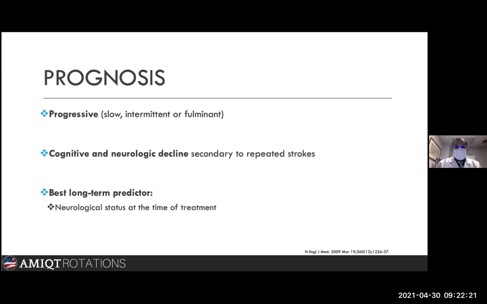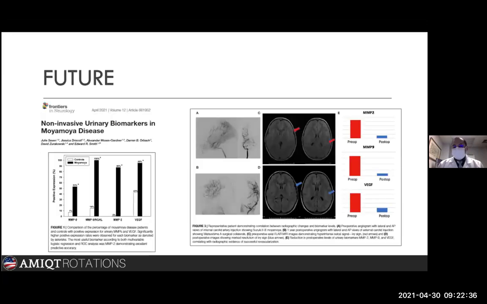That's why the best long-term predictor for these patients is their neurological status at the time the treatment begins.